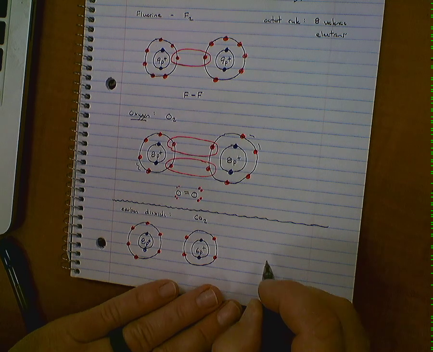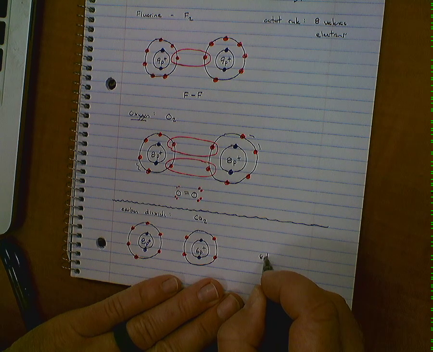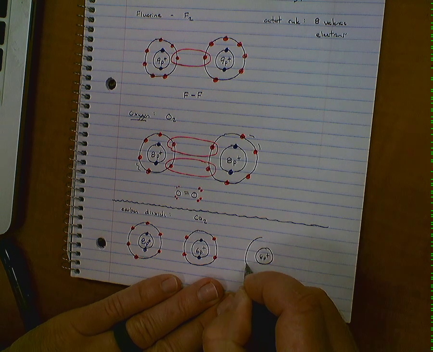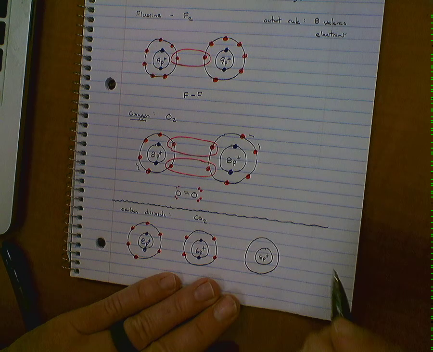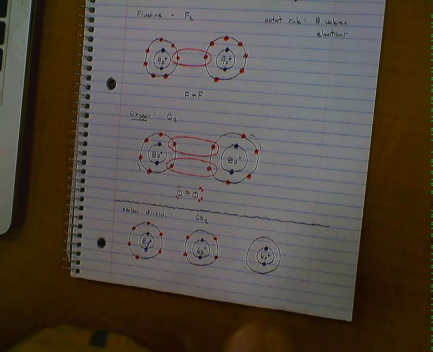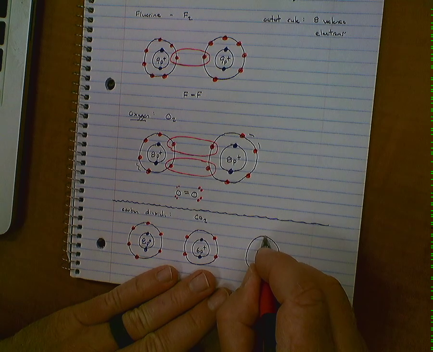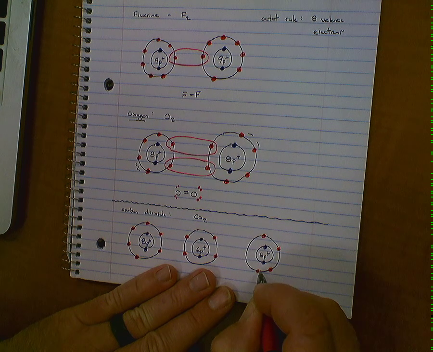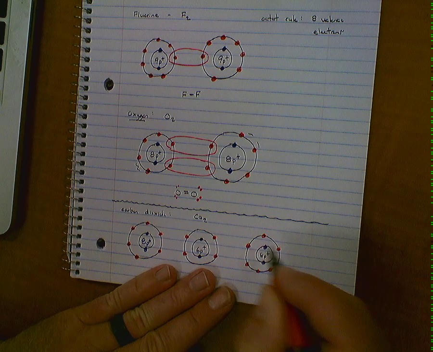I'm going to do the same thing over here. 8 protons. First level, 2 inner electrons. Second level, 6. 1, 2, 3, 4, 5, 6.